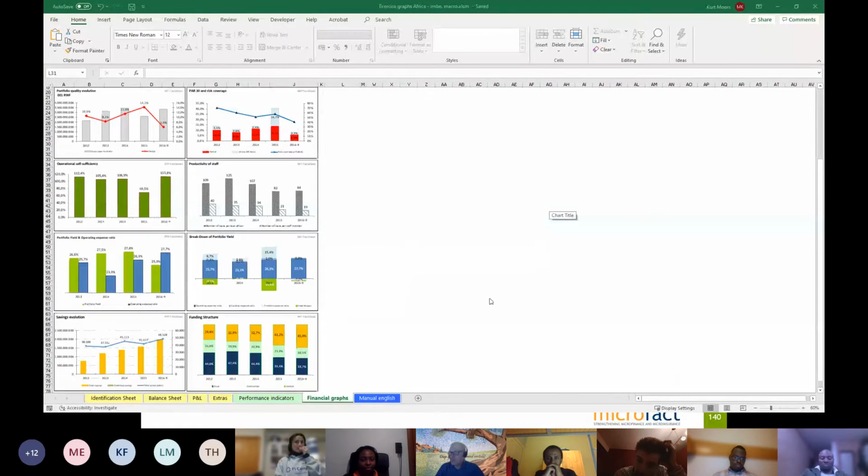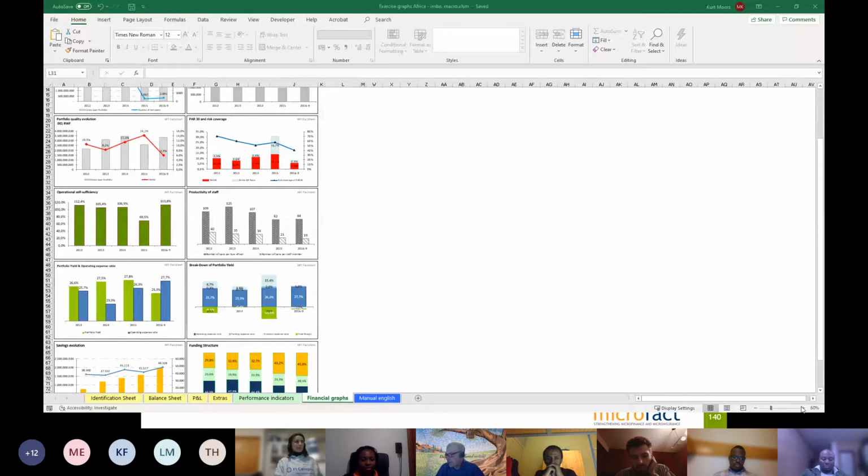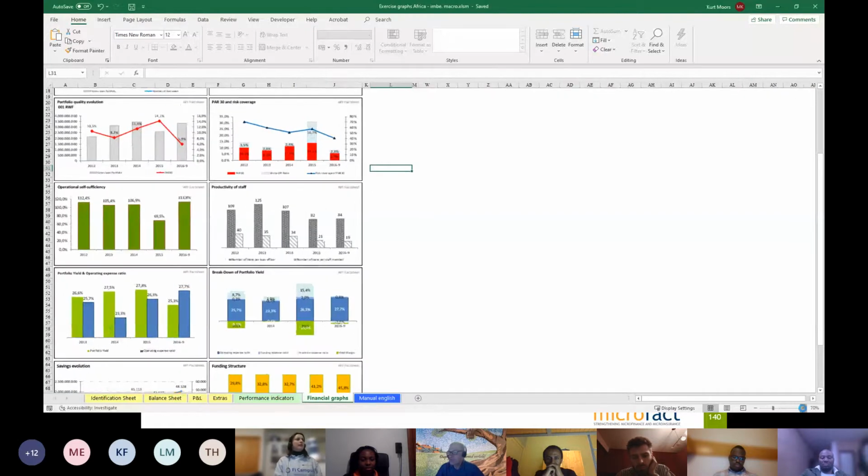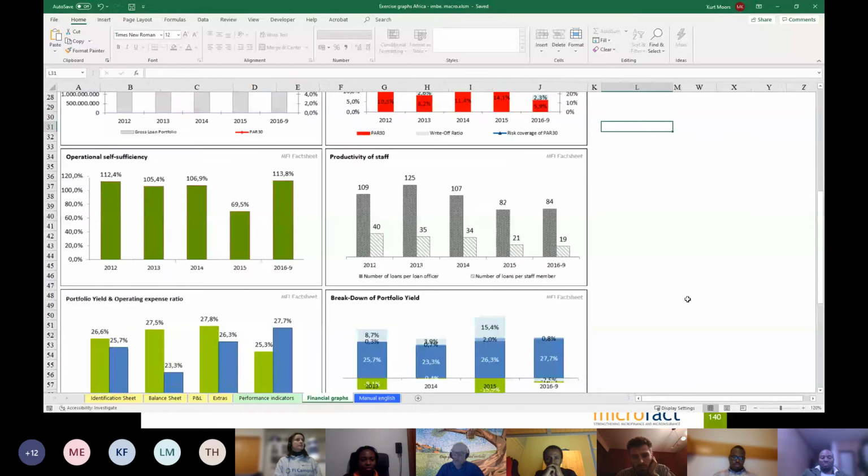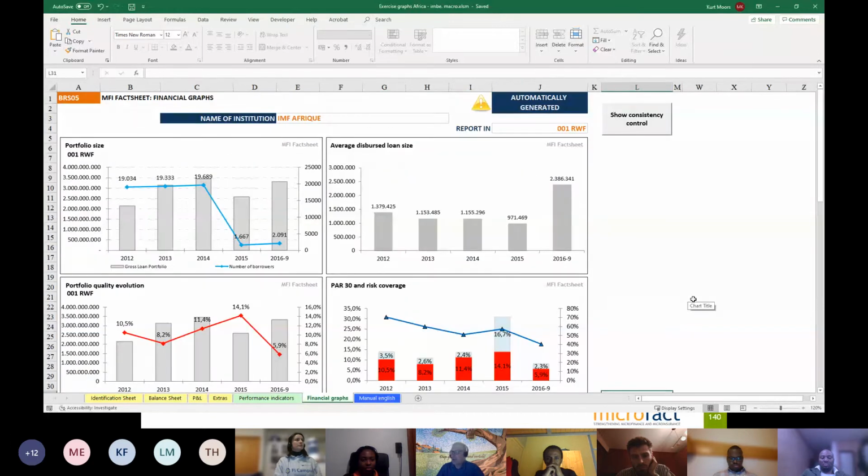So if you see this organization, when you go to the fact sheet, it's better that you start looking at, and these are real figures. So sometimes you might see awkward things happening. I will come back to that later, but here you can see the number of clients dropping like this.